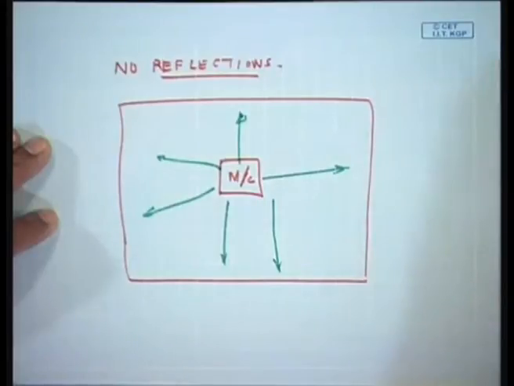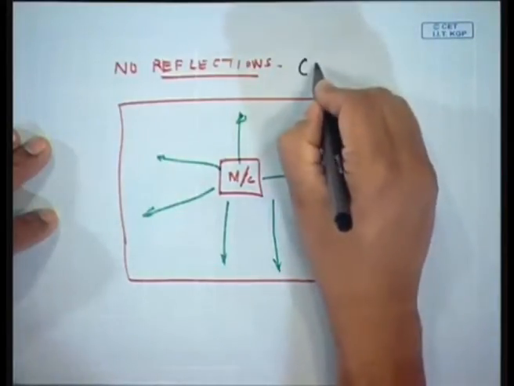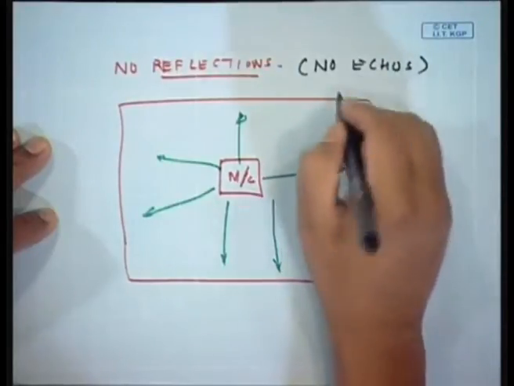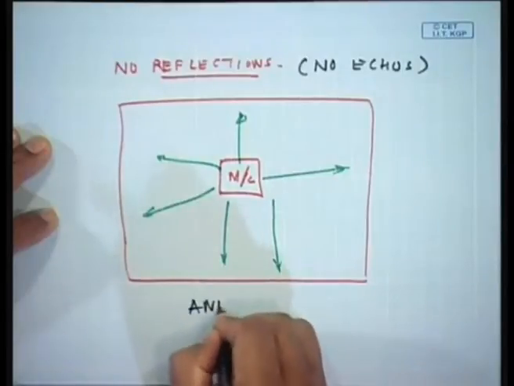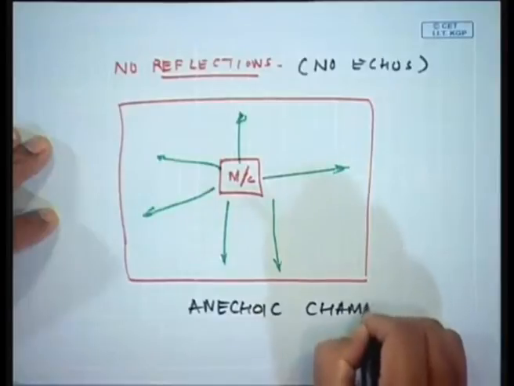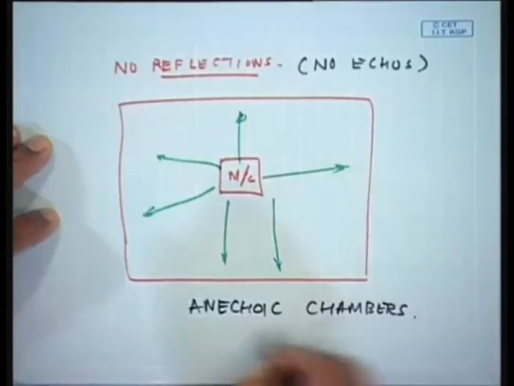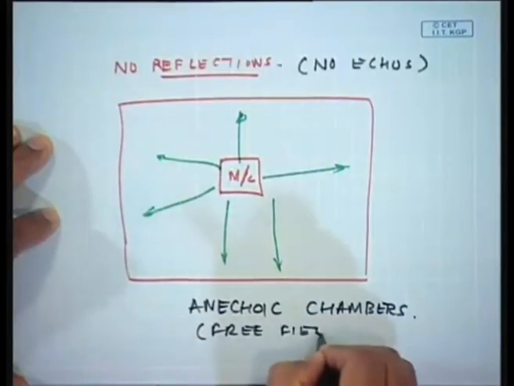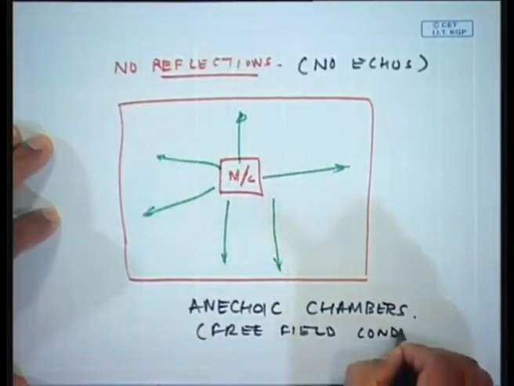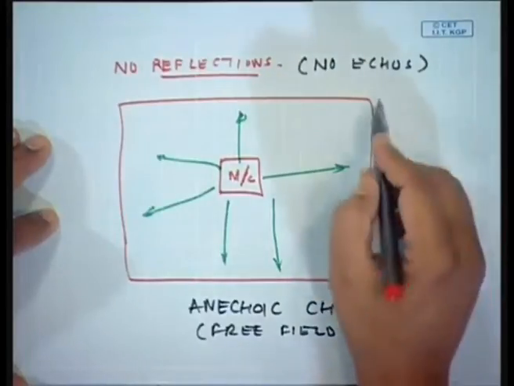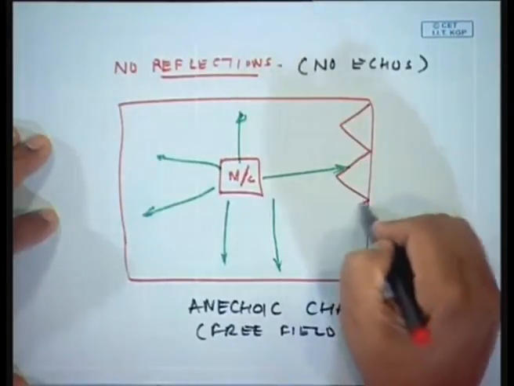So, such rooms with no echoes are known as anechoic chambers, wherein free field condition exists. There are special chambers wherein they have wedges like this all around them.